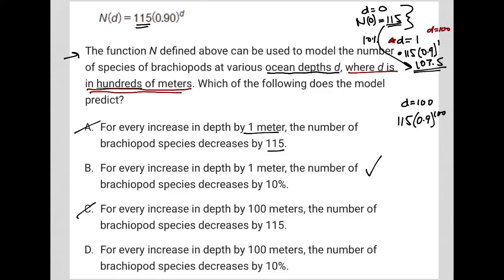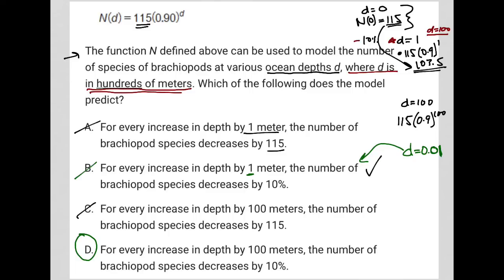So this 10% decrease really goes along with the depth of 100, which makes choice D better than choice B. Choice B is representing a depth of 1 meter, which would be tested by saying d is equal to 0.01, a hundredth. So 0.01 would be the way to test this. That's the reason why D is a better answer than choice B.